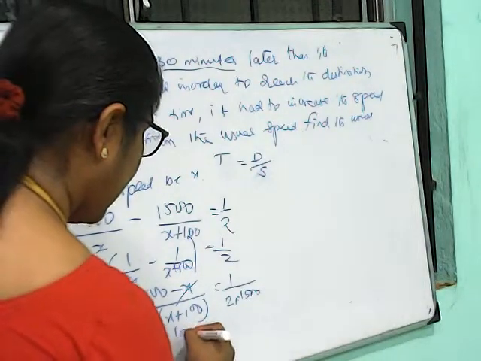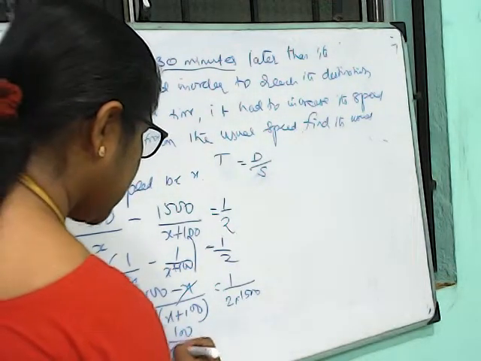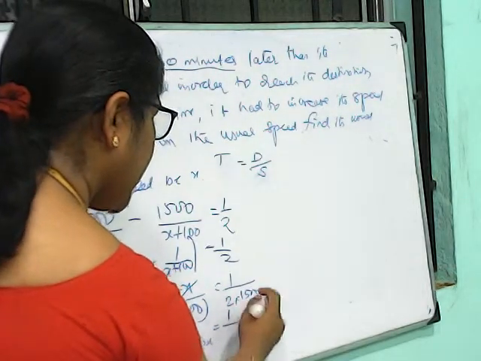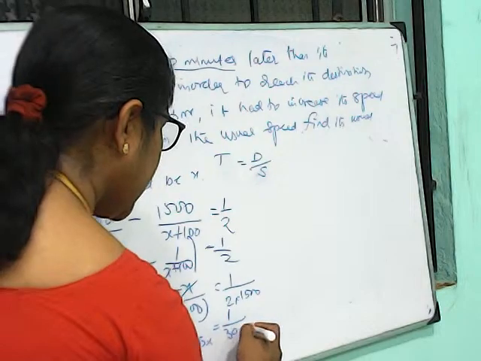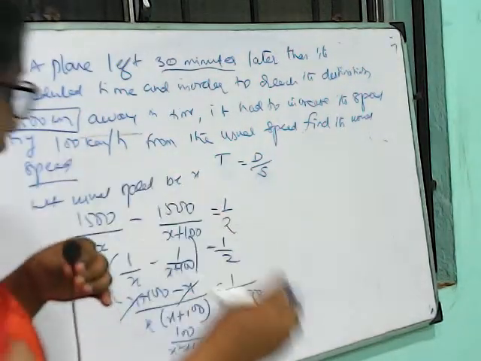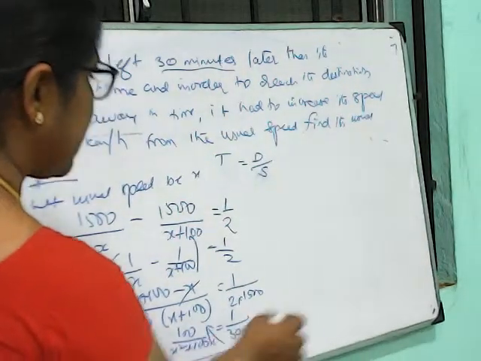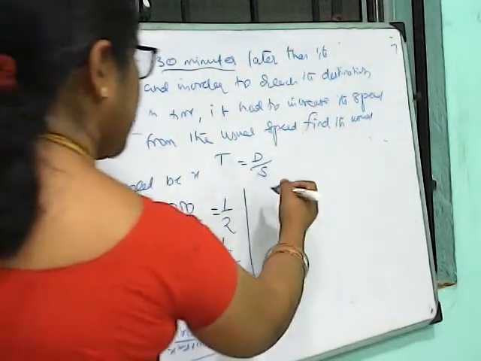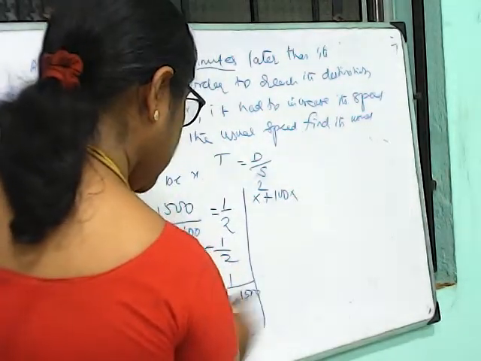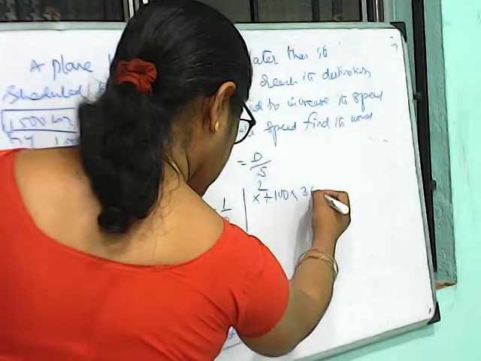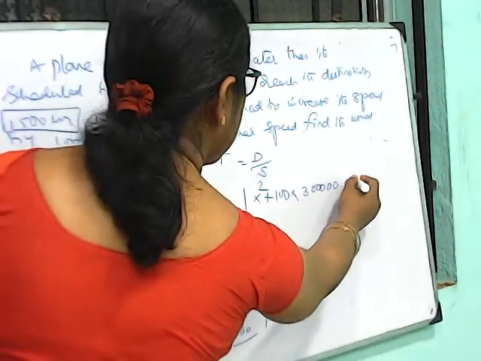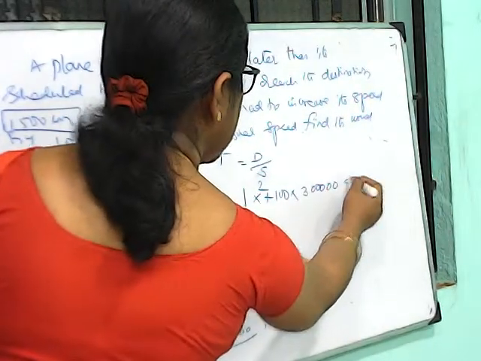So in the numerator 100 by x into x plus 100, that is x square plus 100x, is equal to 1 by 2 into 1500, that is 3000. Yes, now I'm just going to cross multiply. So cross multiplication: x square plus 100x, this side multiplied by 3000 into 100, is equal to 0.